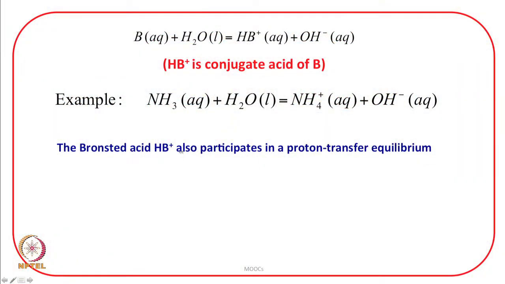Therefore, if we have HB plus type of species in solution, which is a Bronsted acid, it can also participate in proton transfer equilibrium, as we can see in the next example.